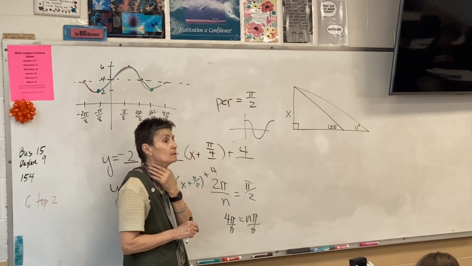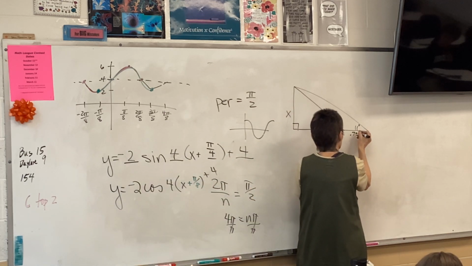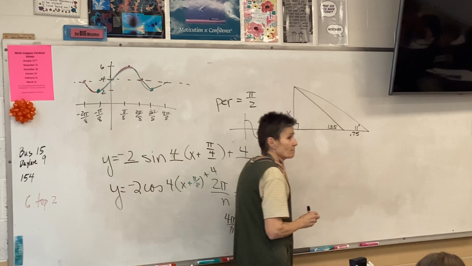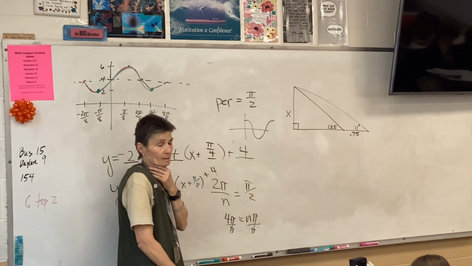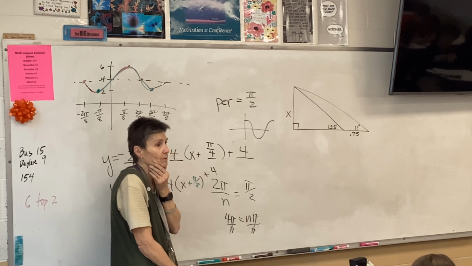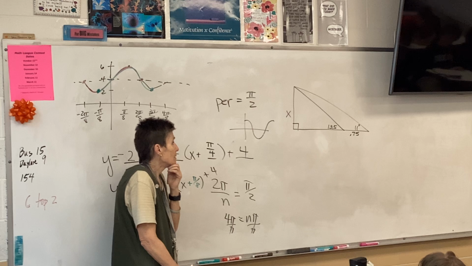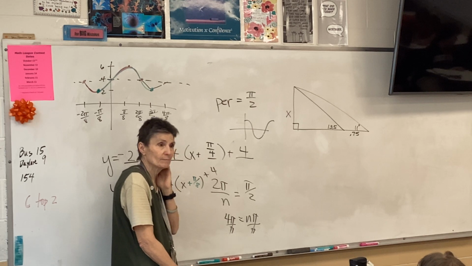Yeah, so 0.75, 3/4 of a mile, that's right. Guys, distance is rate times time. So 3 miles an hour, 1/4 of an hour, she went 0.75.